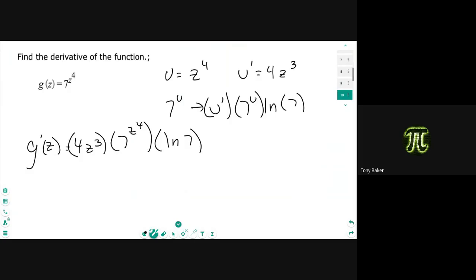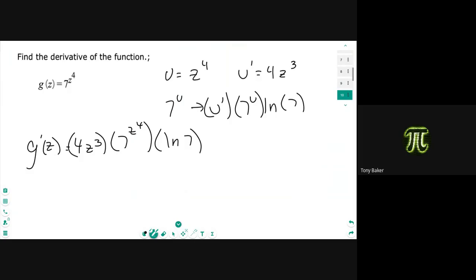What's the name of this rule? Well, this is the chain rule. The other rule that's in there though is the derivative of a base that is not e. So technically e there works too because you get ln of e, which is 1, but it was in section 3.6, I think we did that.